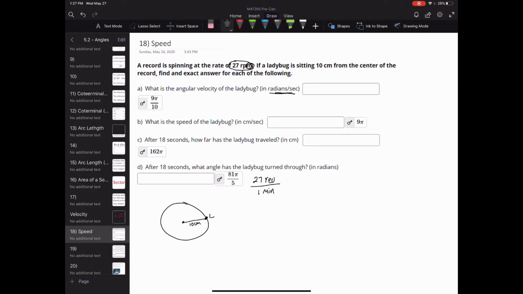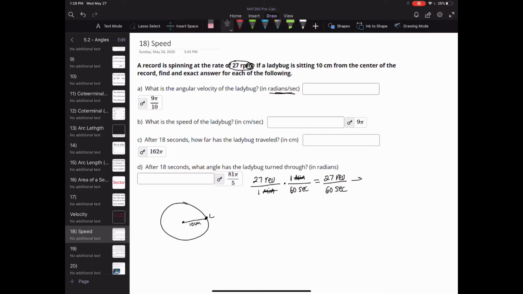So 27 revolutions per minute. And if you remember from algebra how to convert, you could just multiply by a version of the number 1, and that version is 1 minute, and I'm putting the minute on the top because I want my minutes to cancel. The units, that is 60 seconds. So the units cancel there, and you end up with 27 revolutions every 60 seconds.